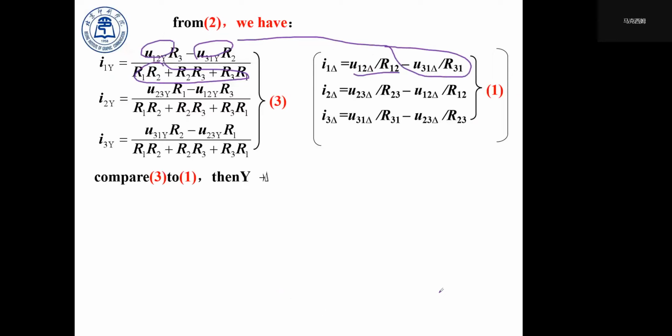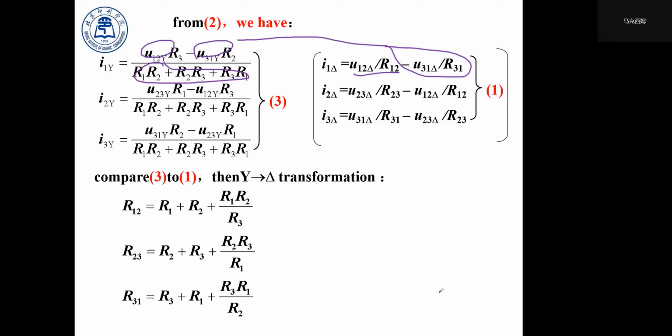So we can compare 3 to 1, and we can reach the condition that allows one Y-shaped circuit to be converted to the delta-shaped connection form. So we can reach the conclusion like this.